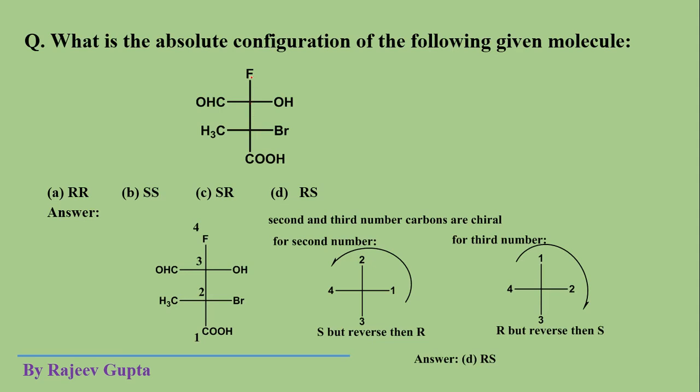Directly attached atoms are fluorine, carbon, oxygen, and carbon. So obviously the highest priority, number 1, is fluorine. Second is oxygen, and this is carbon and this is carbon, so it is 2.